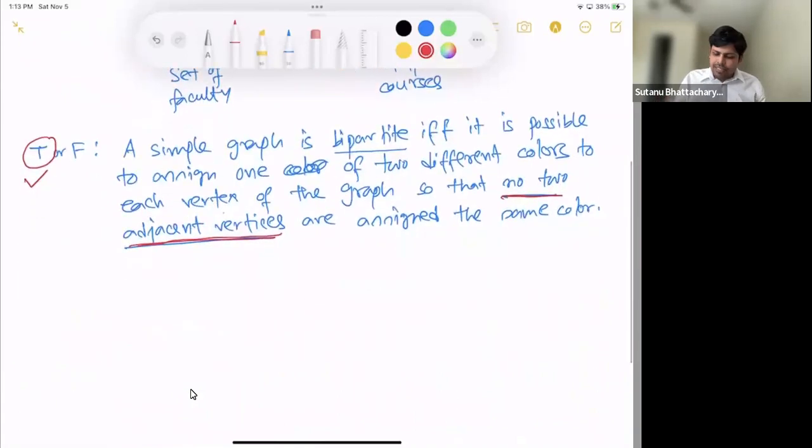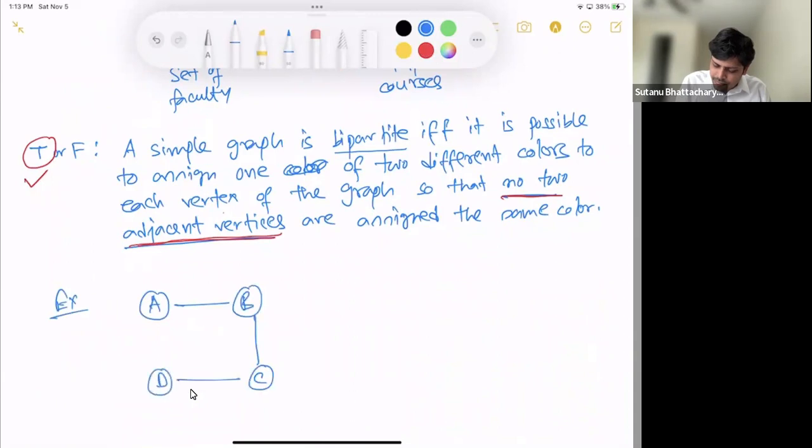So we can take a small example, like this is one graph. The first question is, is it bipartite?